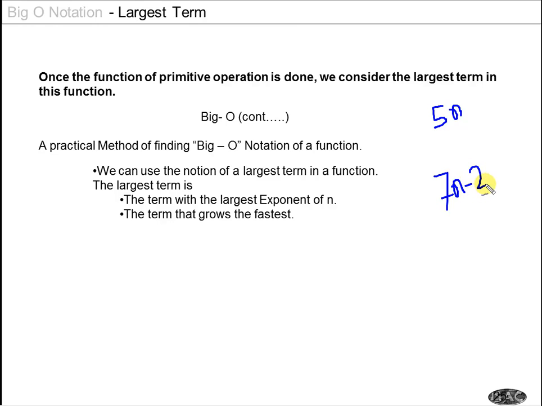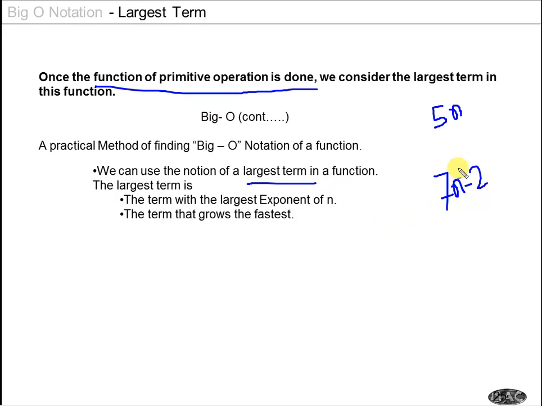This is best case, this is worst case. Once the function of primitive operations is done, we consider the largest term in this function. Big O notation: a practical method to find the Big O notation of a function is to use the notion of the largest term in a function.